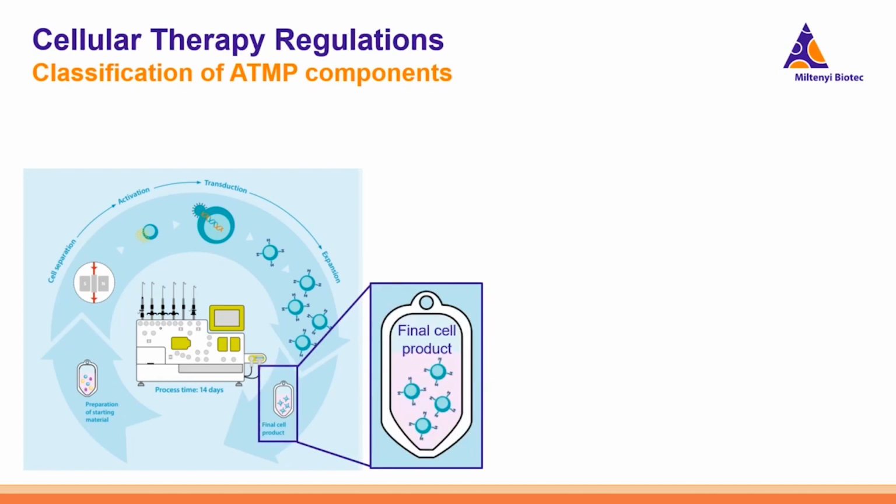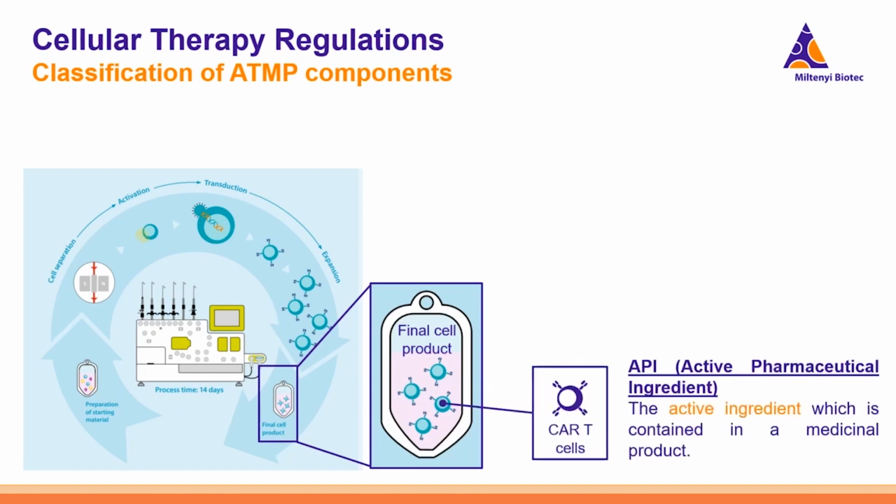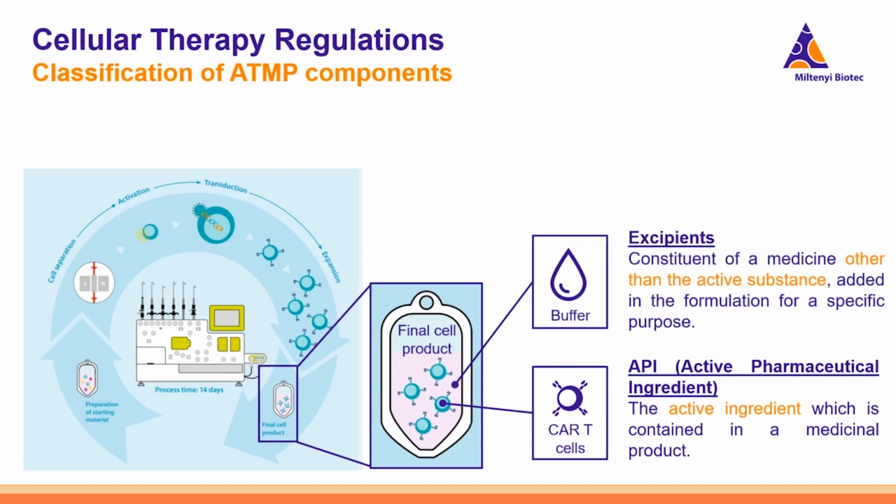So you have, for example, your CAR T cells in a buffer, and these cells are what is called the API, the active pharmaceutical ingredient. That is basically the active part of the drug in the medicinal product. The buffer in which the cells are contained is a so-called excipient.